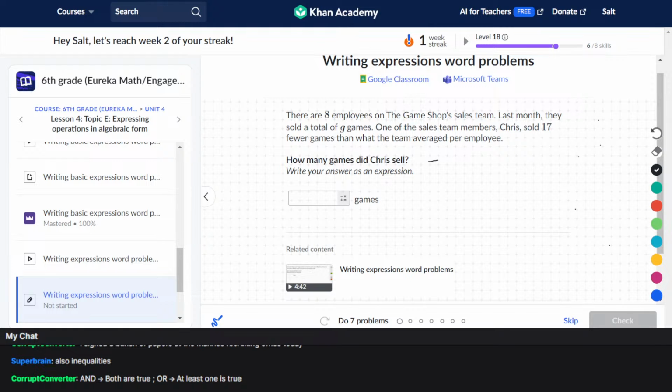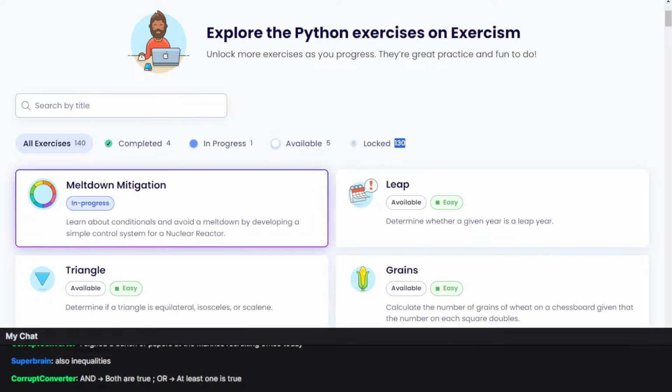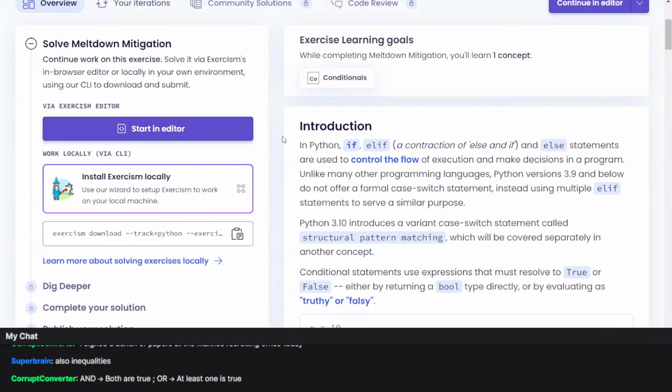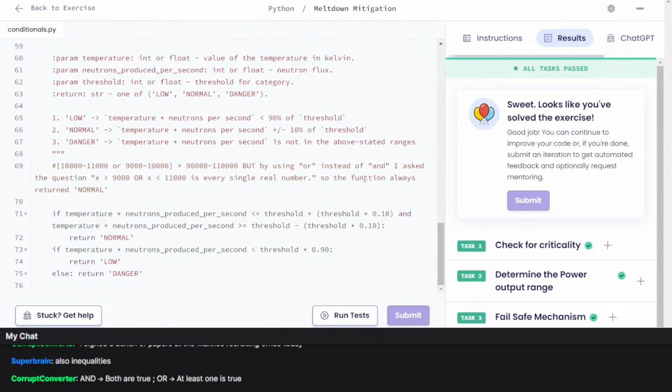Inequalities. Yeah, I understood the basic concept, but Converter says and is both are true, or is at least one is true. There's a reason why I took notes. I wrote it in a single sentence so that in the future I can look back at all the stupid things I've done. This if statement was an or.